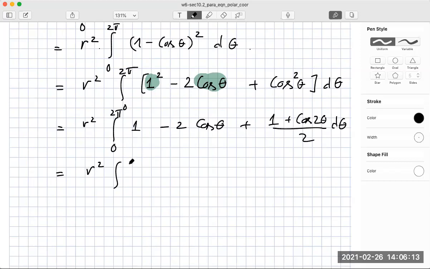So it will be the integral of this guy, right? Let us write it this way.